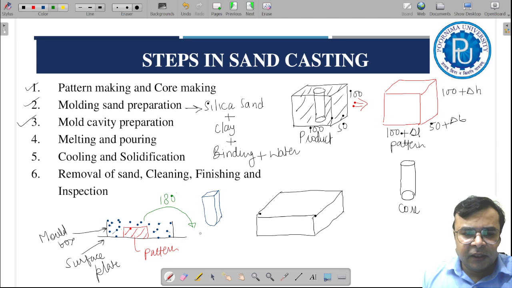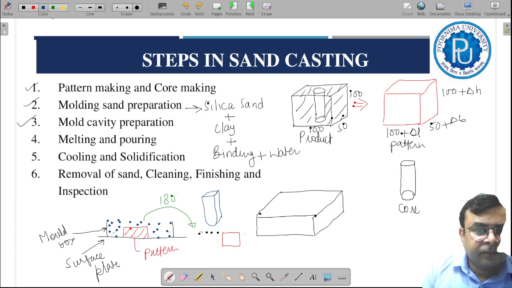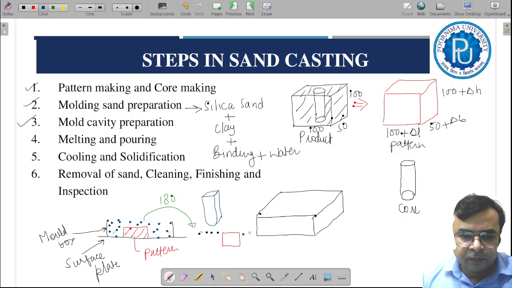In that case you have a pattern like this, with molding sand everywhere, and this is the surface plate.